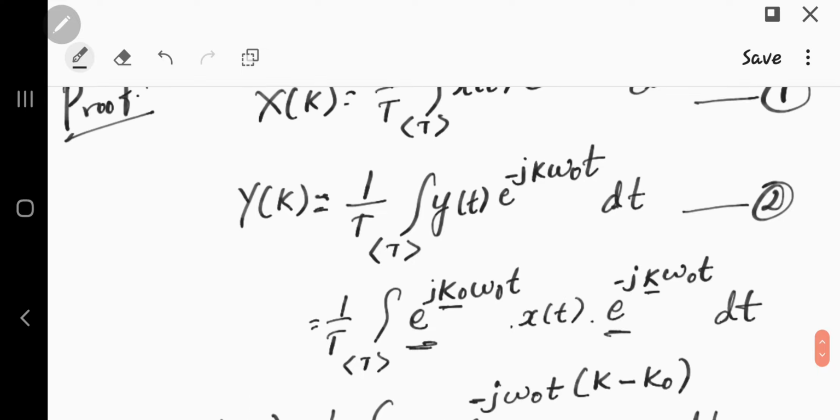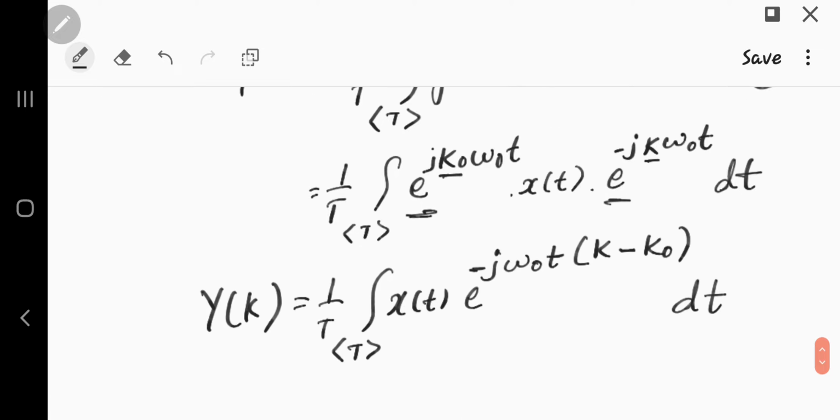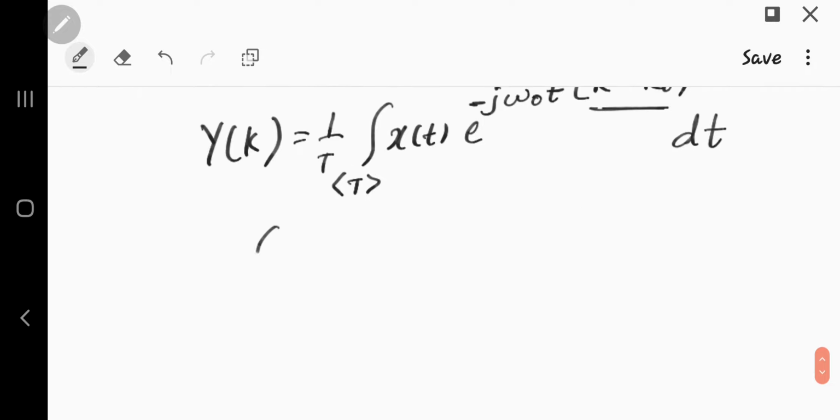Now compare this with equation 1. So we have x of k, so that means e power minus j k omega naught t. So here we have e power minus j omega naught t, but in place of k we have k minus k naught.